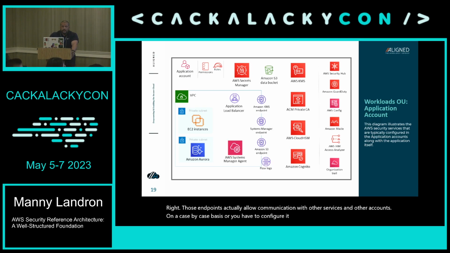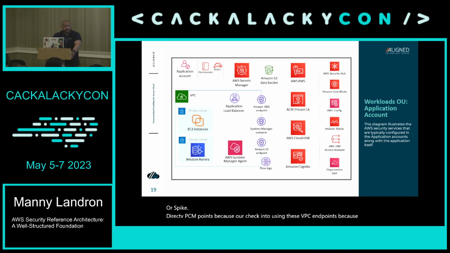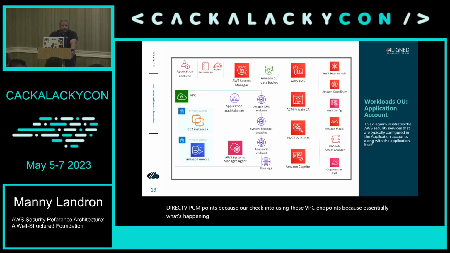So if, for example, you see that your transfer costs are high or spiked, check these VPC endpoints or check into using these VPC endpoints, because essentially what's happening is your VPC is communicating with the service and it's transferring data, and those transfers are occurring over the internet, right?